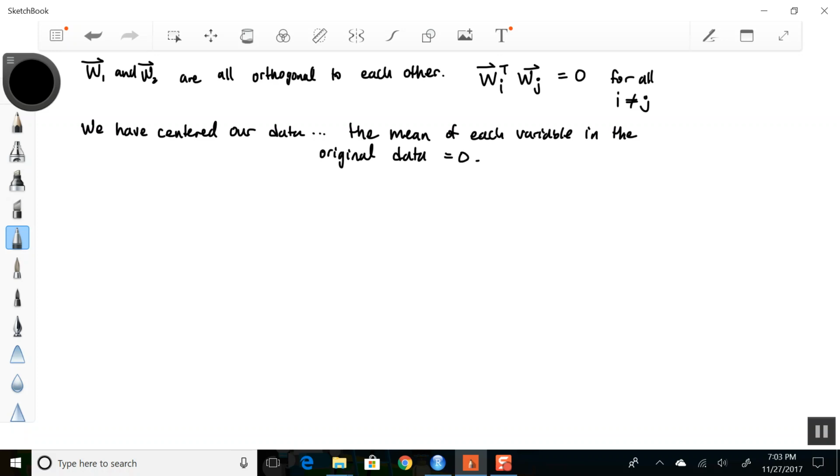Okay, so the mean of each variable in the original data is 0, or in other words, we would say y bar is 0.